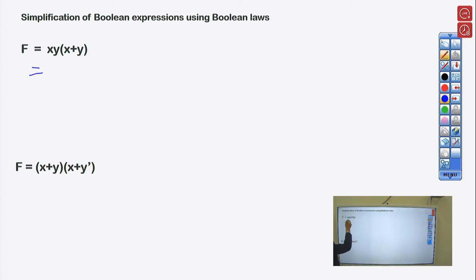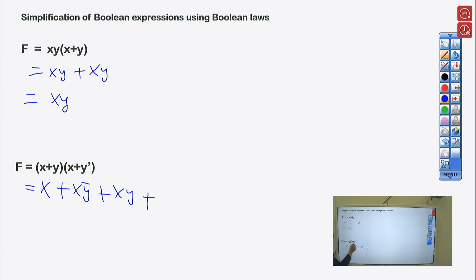This equals x and x, x, y, or xy and y, again xy, so this equals xy. Regarding this, x and x is x, or x not y, or xy, or y and not y is 0. x or, do you see this differs in one variable, y, so this is x.